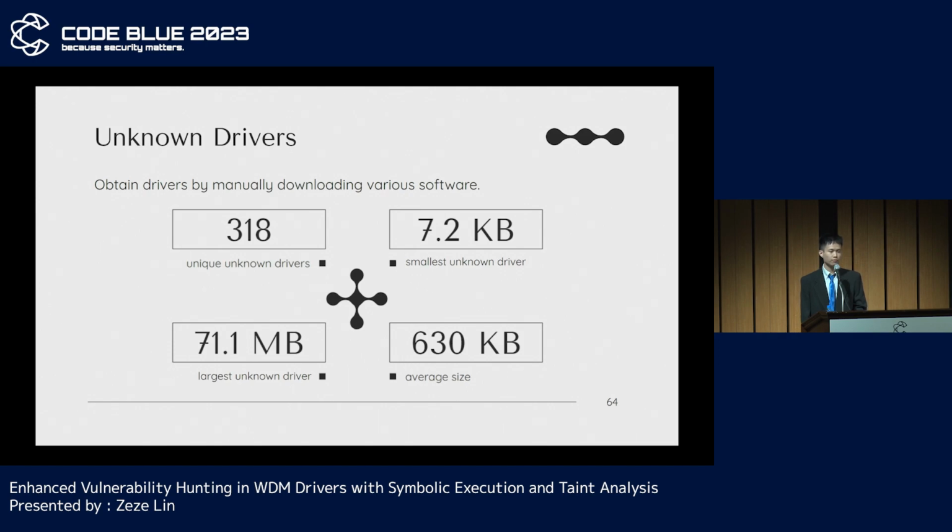For unknown drivers, we obtained drivers by manually downloading various software online. There are 318 unknown drivers; the largest one is 71.1 MB, the smallest one is 7.2 KB, and the average size is 630 KB.